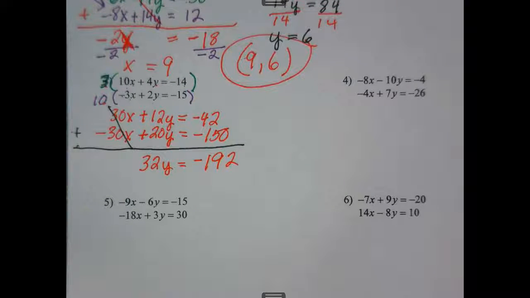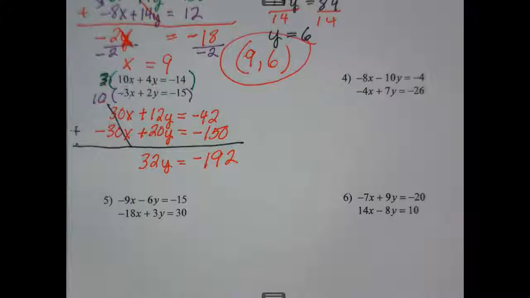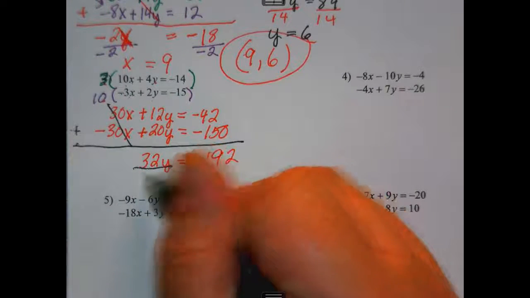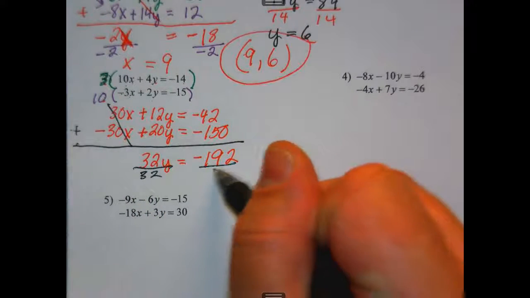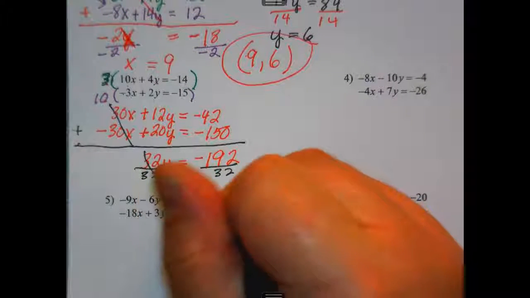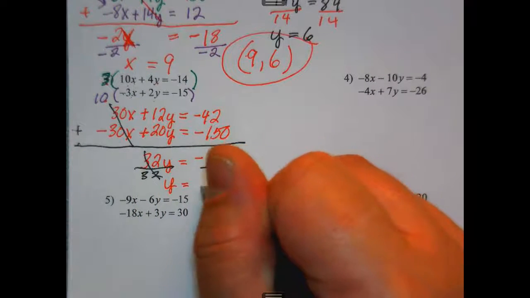And I'm hoping that 32 is a factor of 192. Let's see, how about 6? So divide both sides by 32. So y is going to equal, careful, this is going to be a -6.